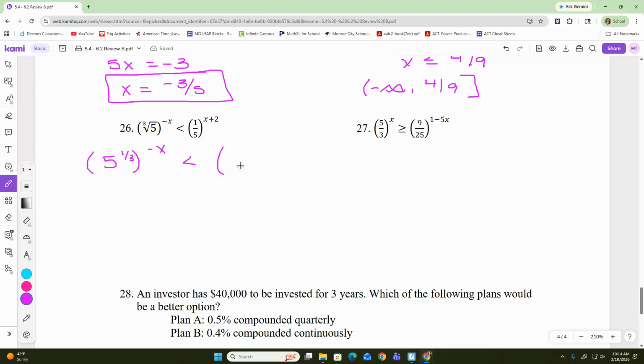Okay. 1/5, how would I write that? So then we multiply our exponents, so we get negative 1/3 x is less than 5 to the negative x minus 2. So now, because my base is bigger than 1, we can bring down our exponents.